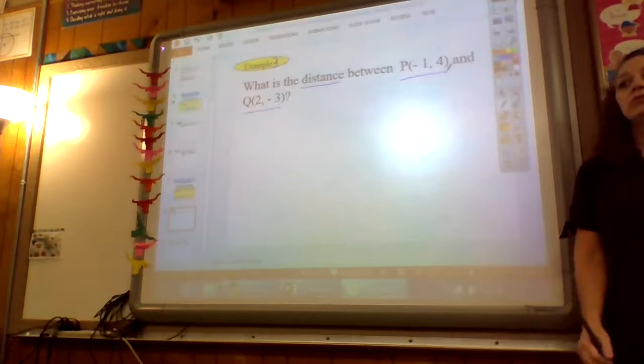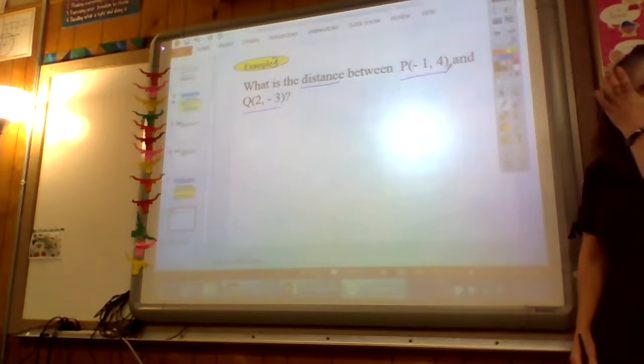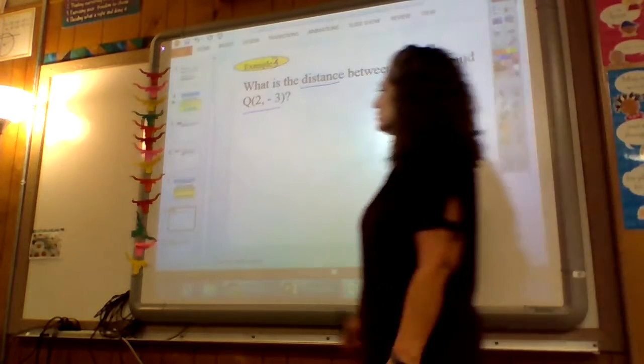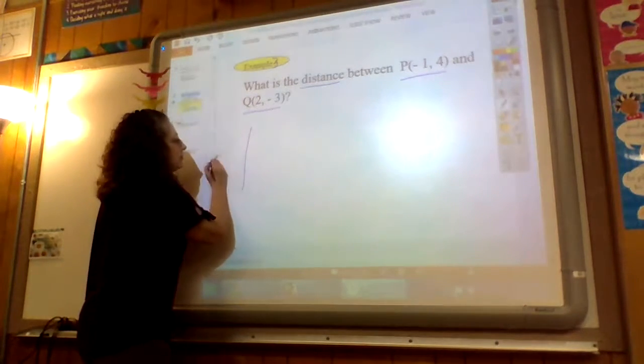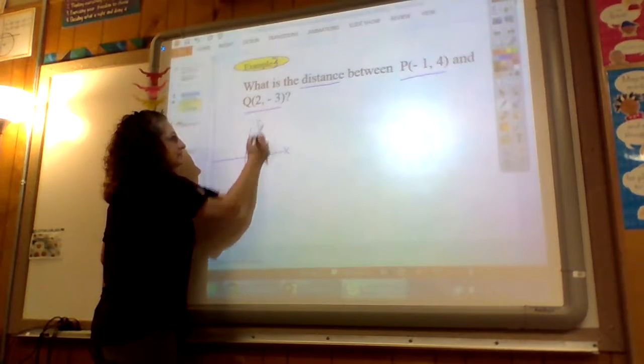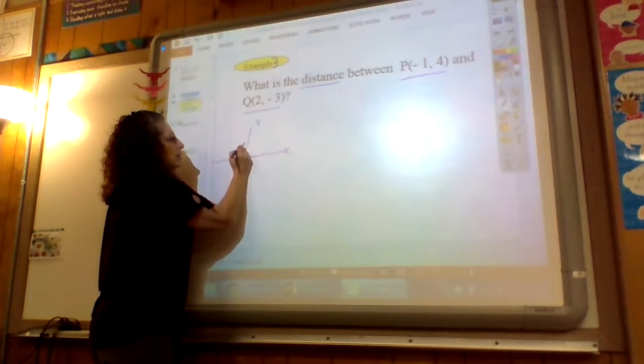I again want to do a little graph so we can visualize distance for this problem. So I'm going to have you sketch with me. X, Y coordinate. At -1, 4.